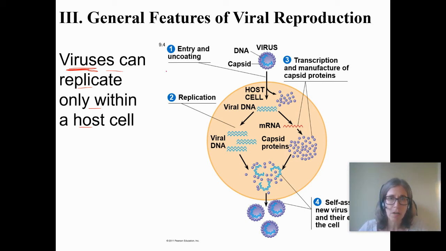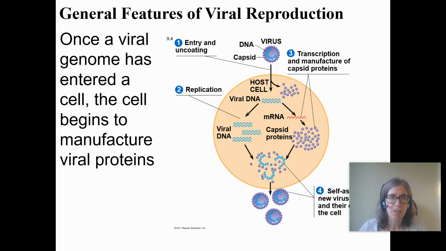Okay, so what are the steps? The viral genome enters the host cell, and the cell begins to manufacture viral proteins. So here's the virus. It enters the host cell. The proteins come off, and you've got the viral DNA or RNA. In this case, it's DNA. Typically it's going to use the host DNA polymerase and all the other enzymes needed to copy more of its own DNA.